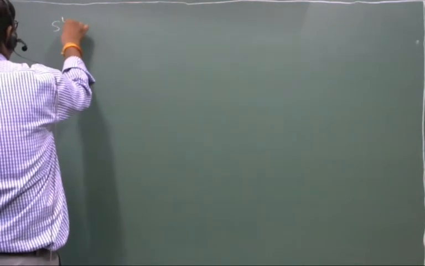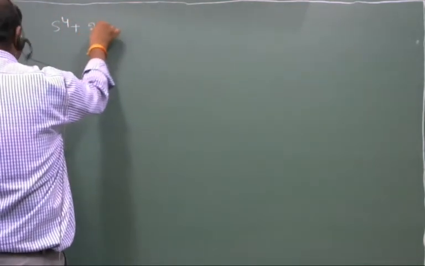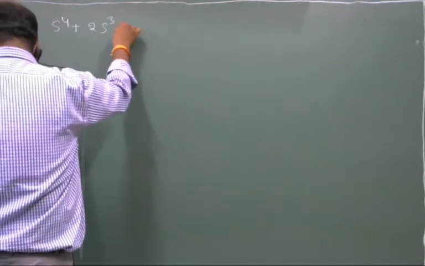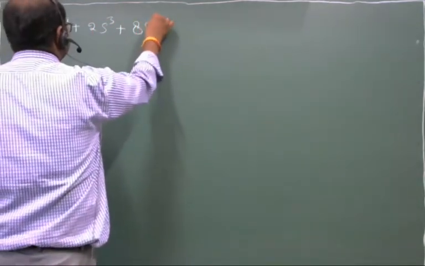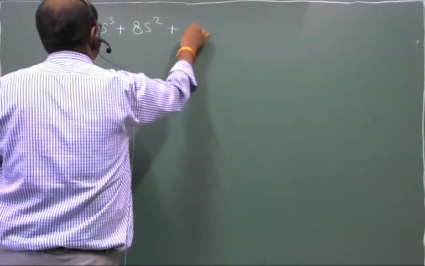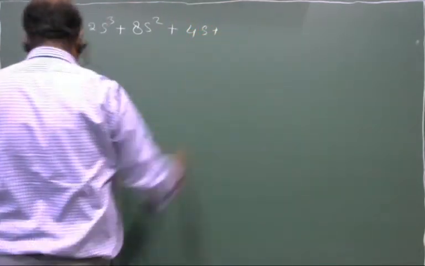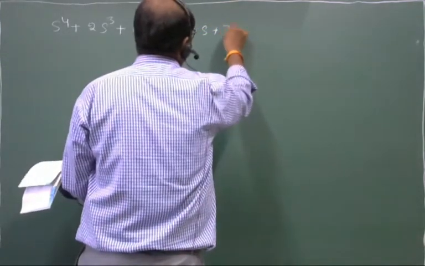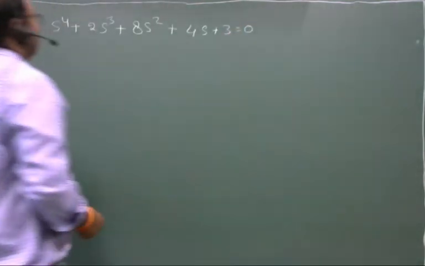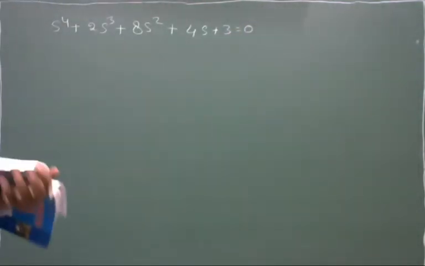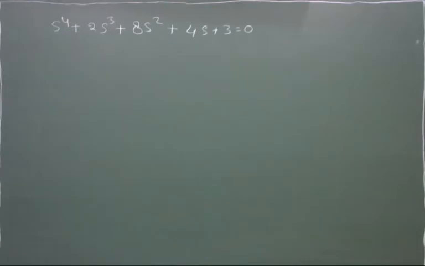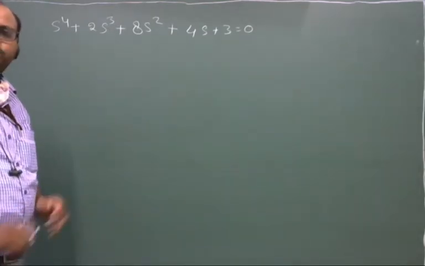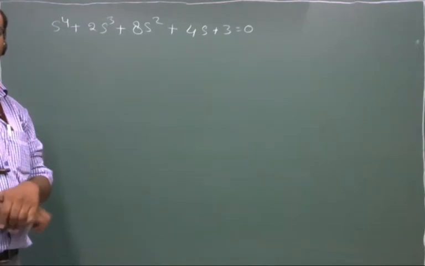s power 4 plus 2s cube plus 8s square plus 4s plus 3 is equal to 0, right? So we have to check the system's stability whose characteristic equation is this.